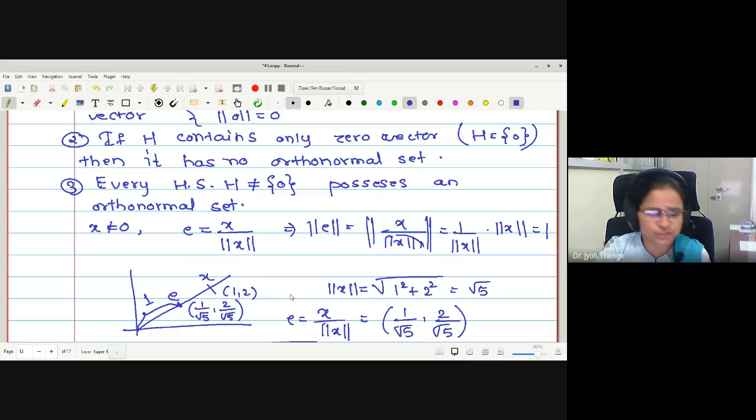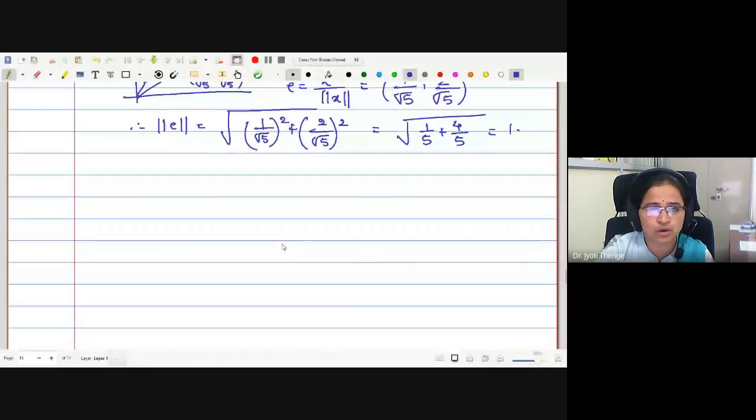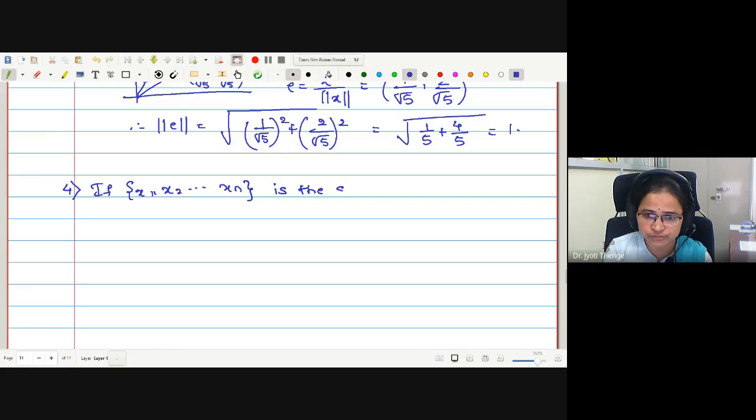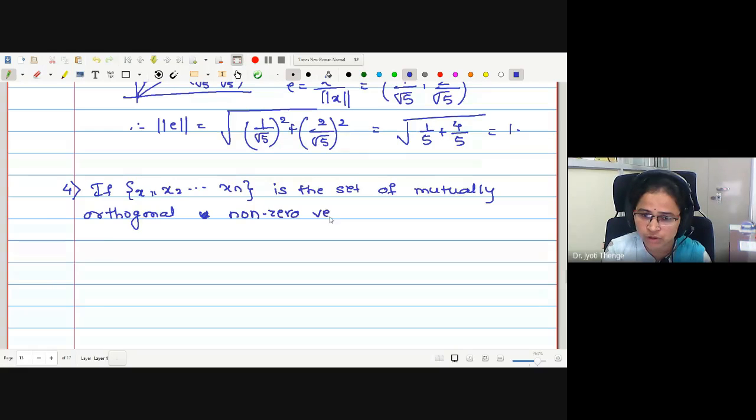Therefore, if we have a collection of mutually orthogonal vectors, though they are not unit, we can make them unit vectors by dividing by their norm. Okay. Therefore, I'll write this as a fourth note. If the set x1, x2 up to xn is the set of mutually orthogonal non-zero vectors, we don't know whether they are unit or not.